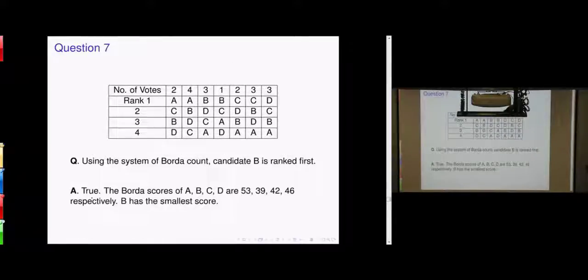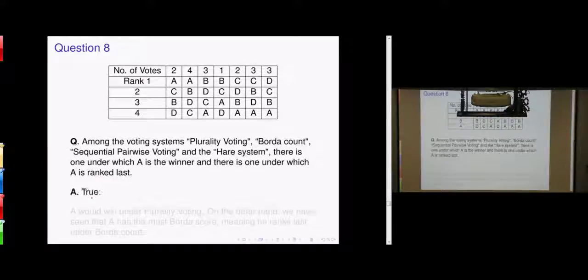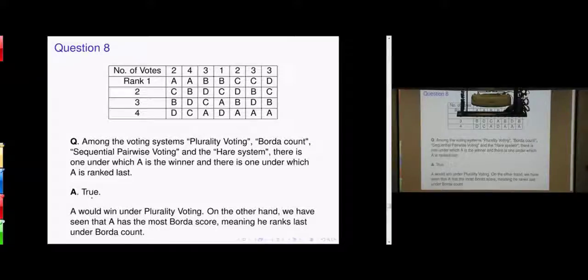I think just now, if these numbers are correct, A is ranked last under the Borda count. So all we need is to find a system under which A is a winner. Is it true? Let's see. I claim under plurality voting, A wins.